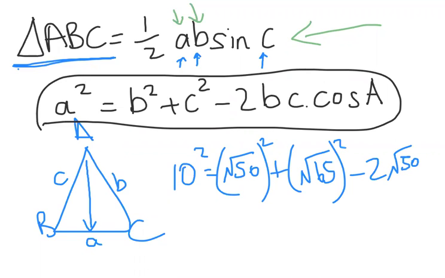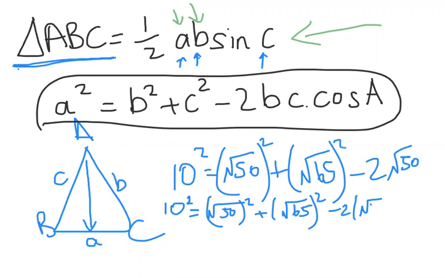Let me write it properly. So 10 squared equals square root of 50 squared plus square root of 65 squared minus 2 times square root of 50 times square root of 65, and all of that times cos A.